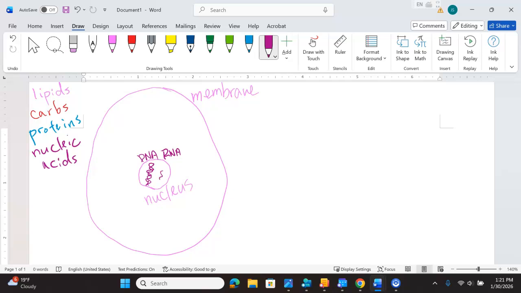Now, once the RNA is created and it leaves the nucleus, remember we're trying to make proteins here, it's going to go to a particular protein called a ribosome. We have tons of ribosomes throughout the cell, because there's only one nucleus, but there are tons of little ribosomes.